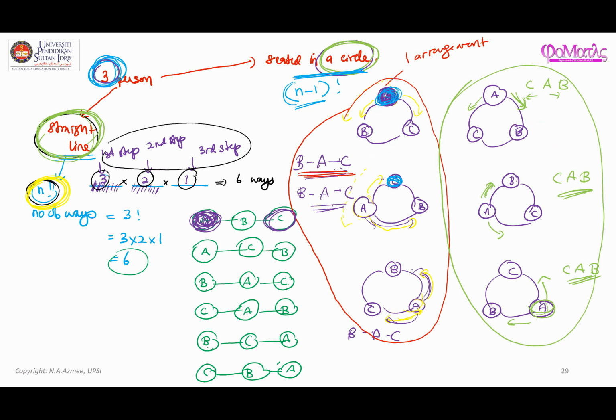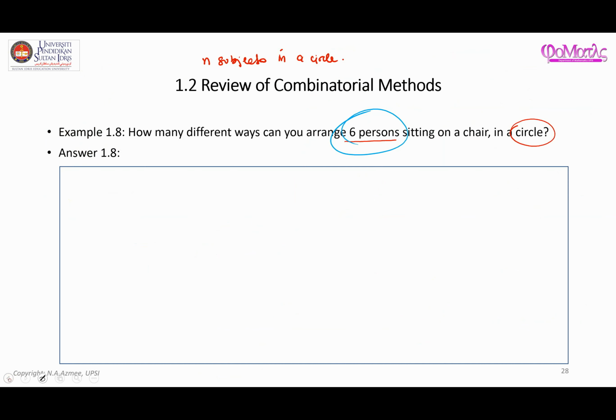So I started with a simple problem of 3 persons seated in a circle. Once we have understood why this requires the formula n minus 1, we can go on and tackle a slightly more complicated problem, which is this one.